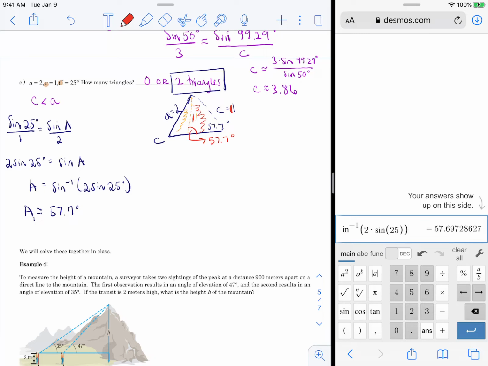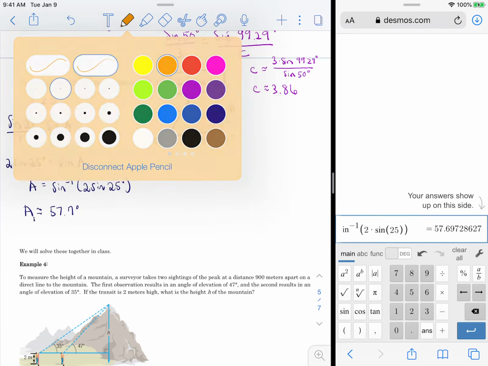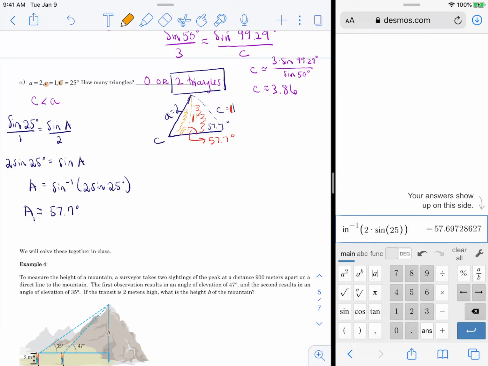So how could you figure out what this angle is? Well, this is a line. And what does a line measure? 180 degrees. So this angle is a linear pair. And that is how you find that second angle in the second obtuse triangle.